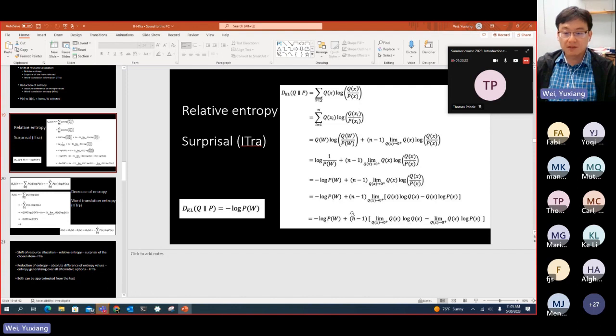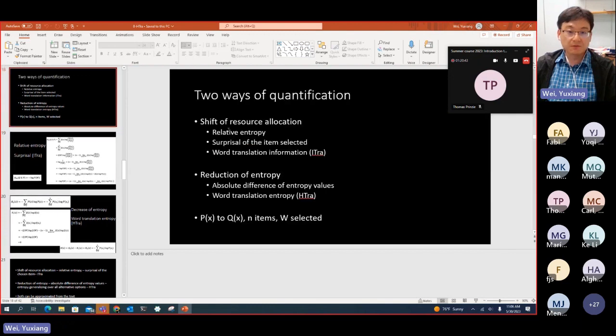The further mathematics will show that this part equals 0 and that part equals 0. So the KL divergence will be equal simply to the negative logarithm of PW over here. This means the relative entropy between these two is equal to the surprisal of W. So that's what I'm trying to say here.